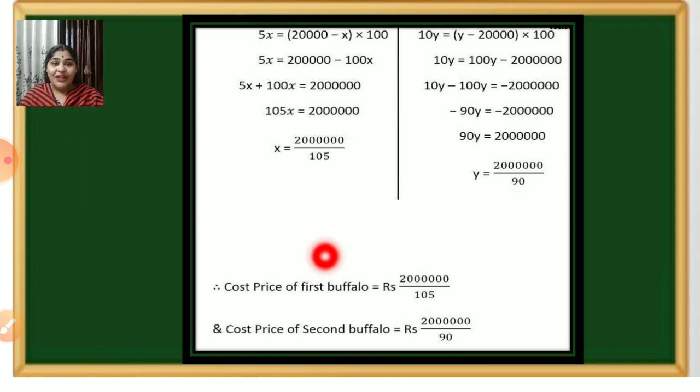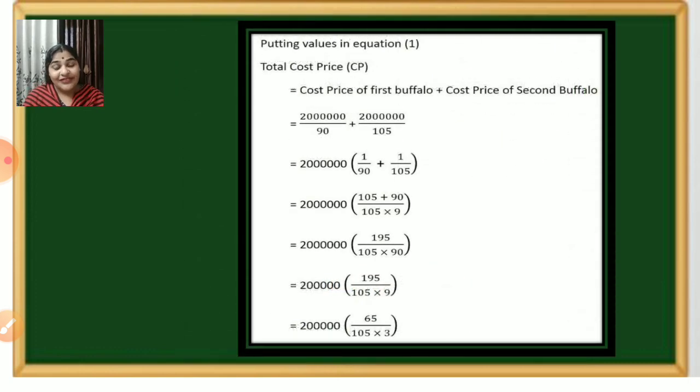So now cost price of first buffalo is this much, cost price of second buffalo is this much, and total cost price will be equal to addition of both the cost prices, that is 20 lakh upon 90 plus 20 lakh upon 105. So 20 lakh taking common outside, we will get in bracket 1 upon 90 plus 1 upon 105.